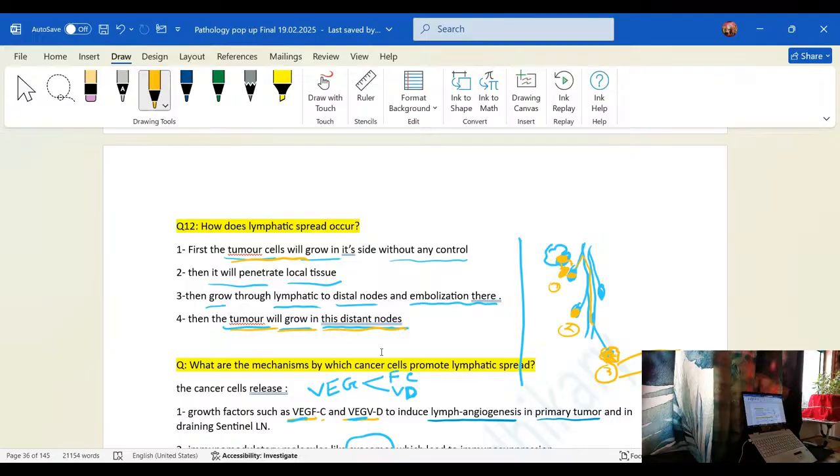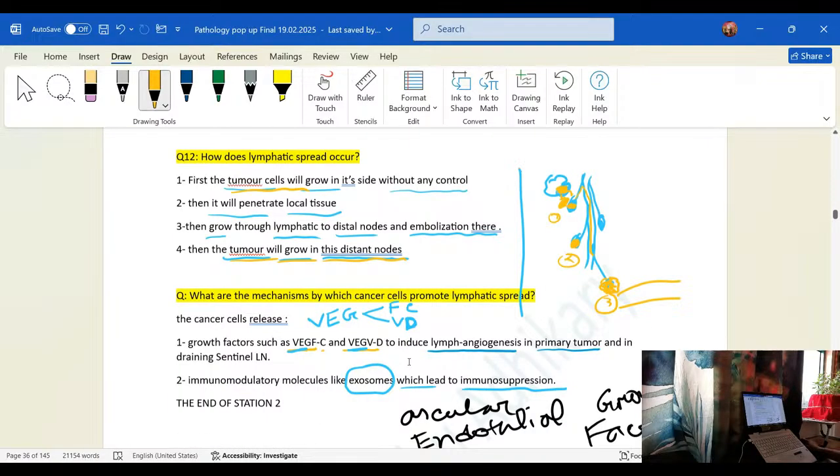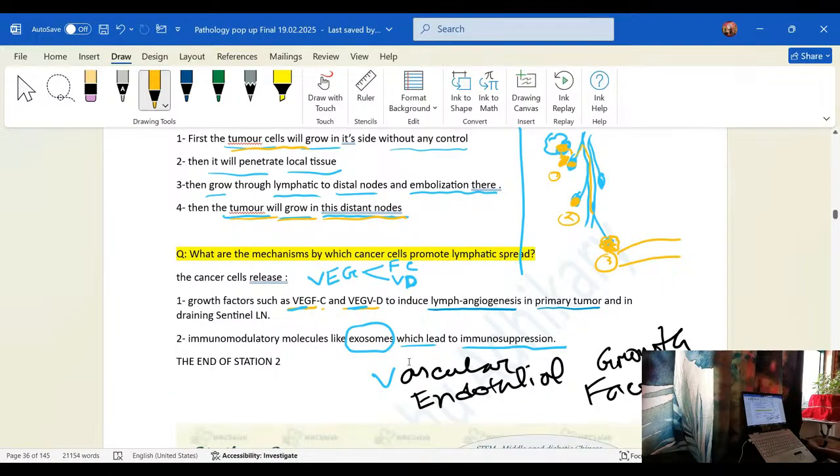What are the mechanisms by which cancer cells promote lymphatic spread? Cancer cells release vascular endothelial growth factor C and D, which induce lymphangiogenesis in the primary tumor and in the draining sentinel lymph node.